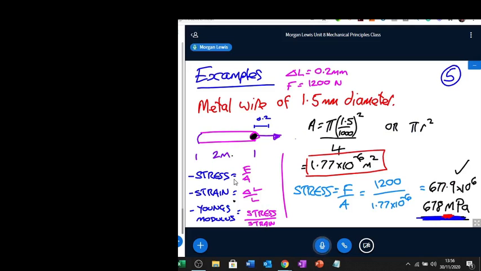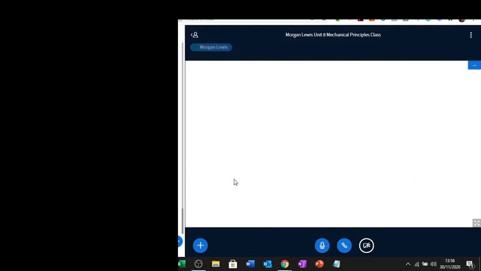Let's do another one then. Give you a square bar. Here's my square bar, or rectangular bar, whatever you want to call it.